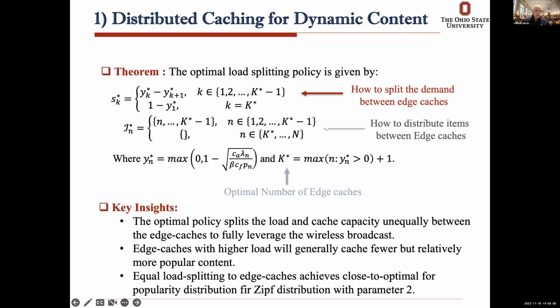For example, even if everything else is symmetric, it turns out that splitting the incoming demand equally is not necessarily optimal. You may need to steer more of the content to a cache, and it might even be a cache with a smaller size.